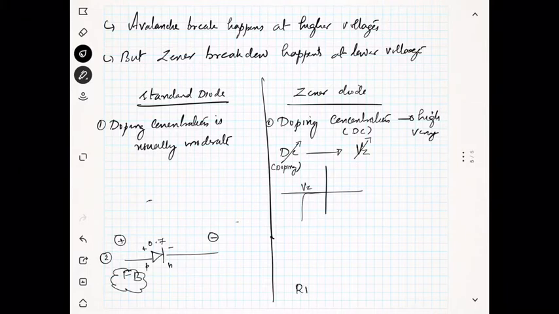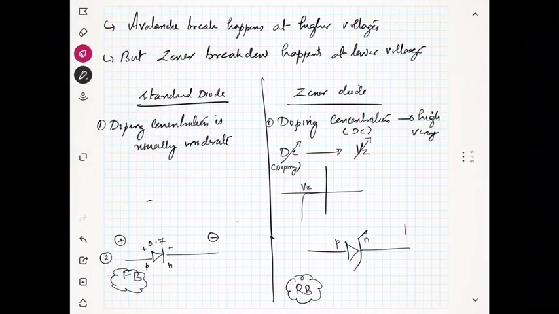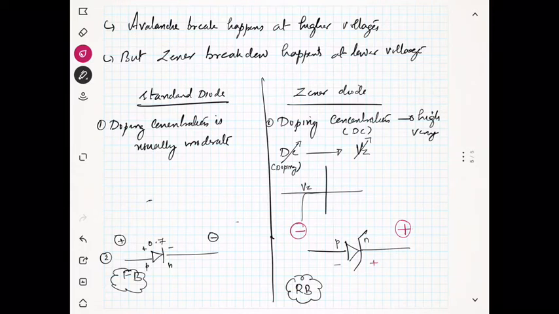But a Zener diode usually works in reverse bias. Suppose you have a Zener diode. This is the symbol for the Zener diode. This is p-type, this is n-type. You apply positive here and negative here.